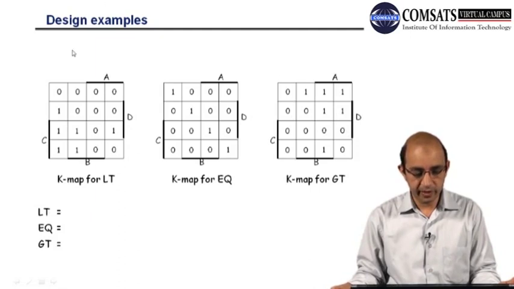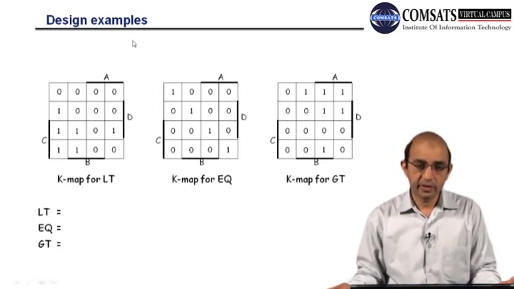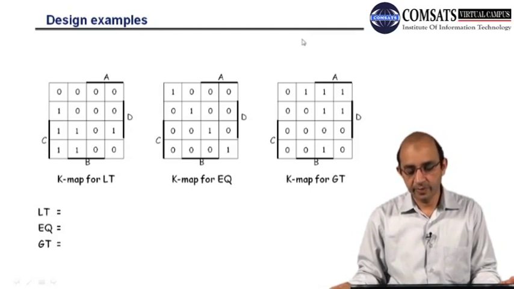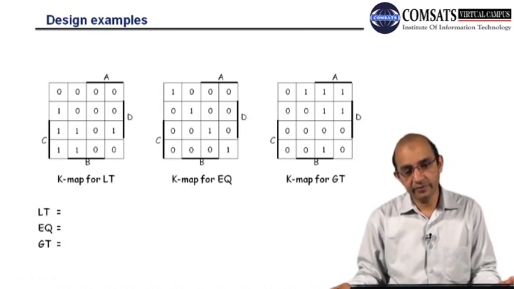So maybe we will be having more simplification, or less simplification, or a greater number of gates required for the representation of this Boolean expression represented by this K-map.